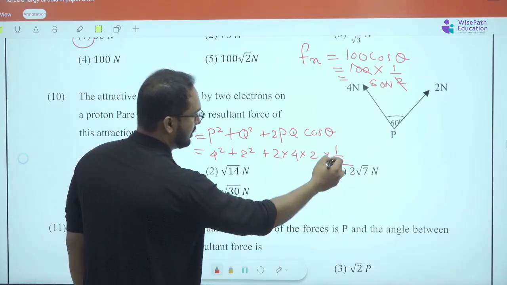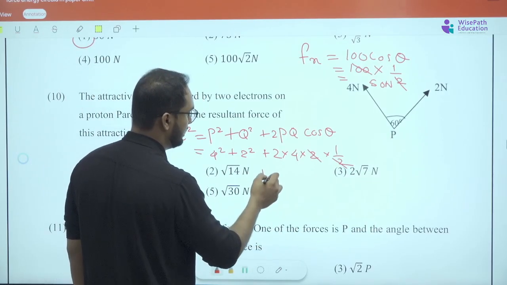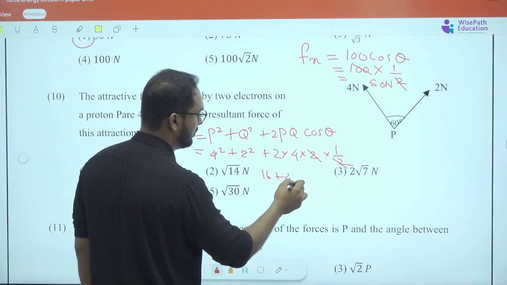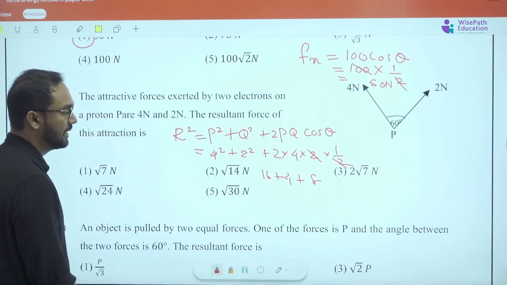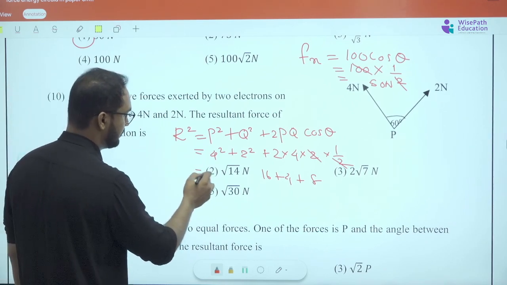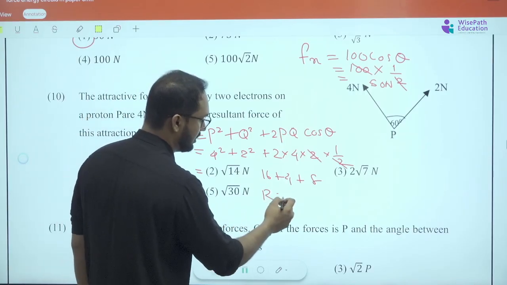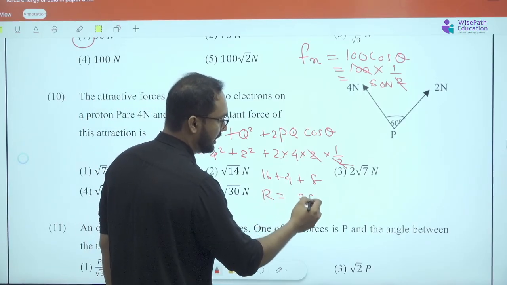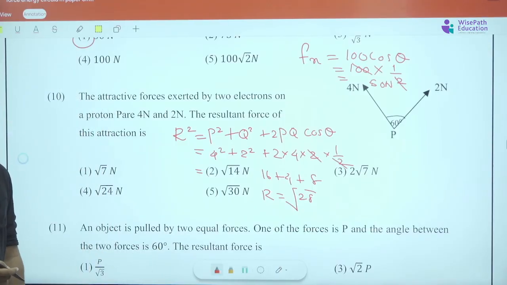So that 2 and 2 cancel out. 4 square is 16. 2 square is 4. 2 into 4 is 8. That is 28. So R square equals 28, and R should be equal to what? Root 28. The root 28 isn't there, right?